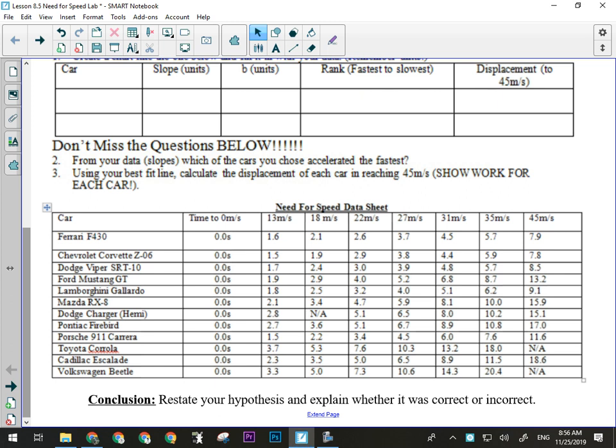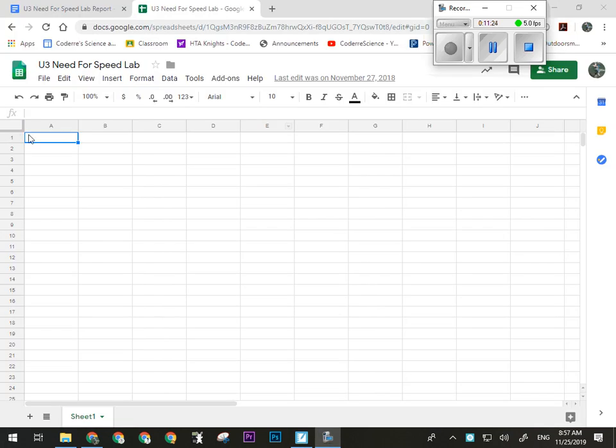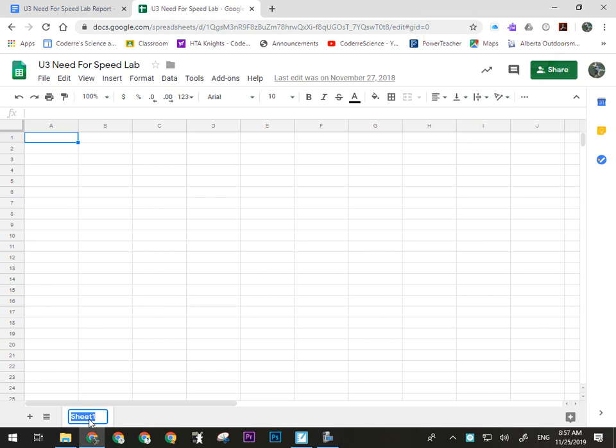I think I'll just quickly walk through entering the data for the first car into the spreadsheet, just so you see what I mean by what you need to do there. So when you're building this graph, for our first sheet here, I'm just going to take the first car. I'm just going to call this sheet Ferrari. And then I'm going to put in this column here.